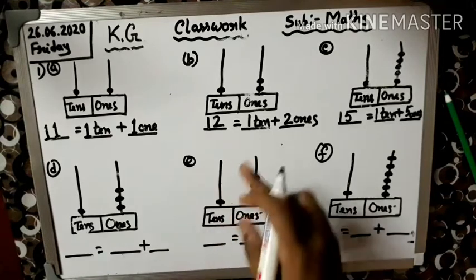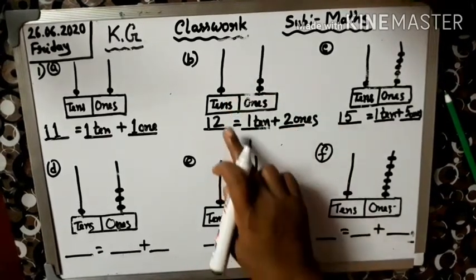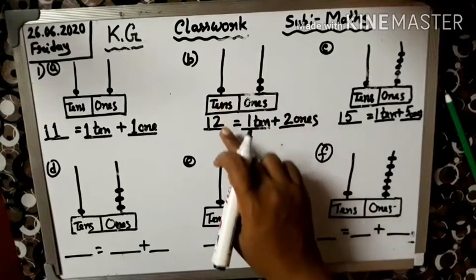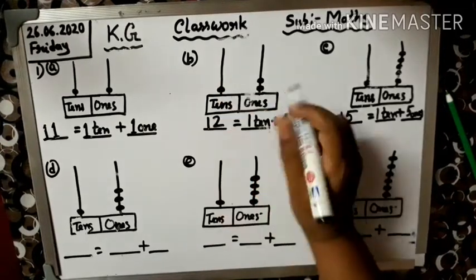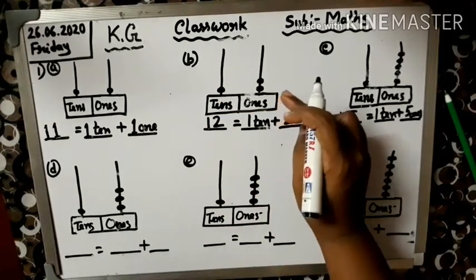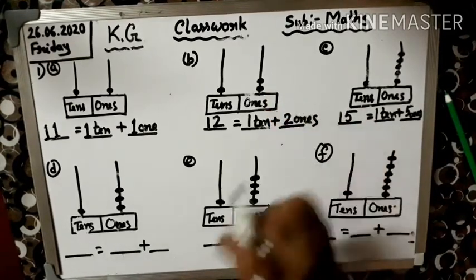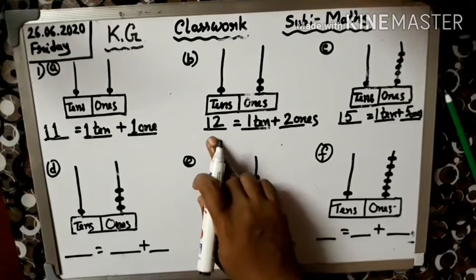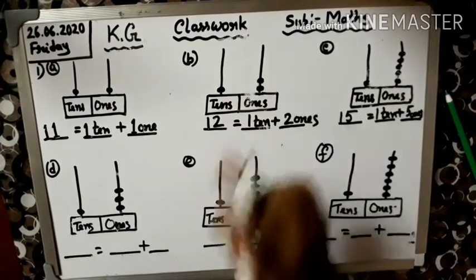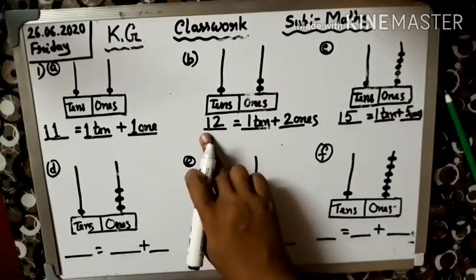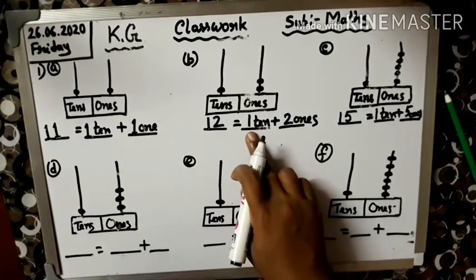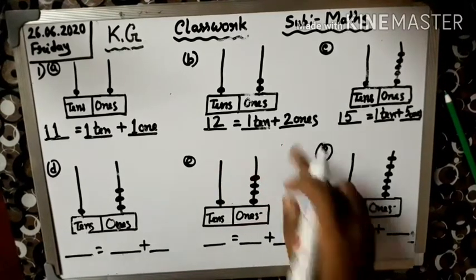Number B. See, one bead on the 10 spike and 2 beads on the 1 spike. 1 2, 12. Right here 12 is equal to 1 ten plus 2 ones.